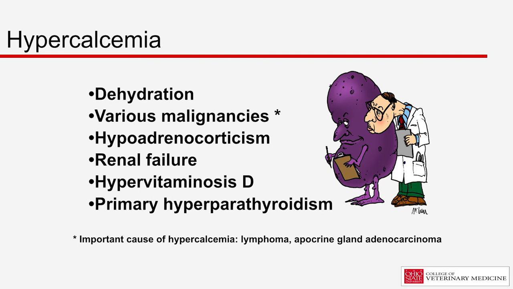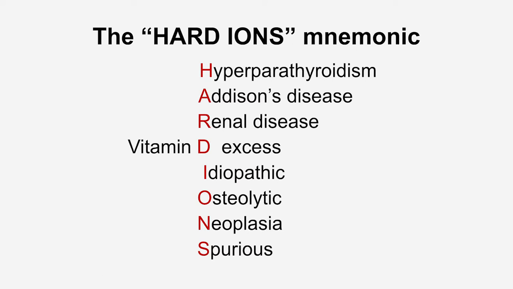So hypercalcemia, what are the causes of hypercalcemia? Well, these are the most common ones: dehydration, certain malignancies, big ones being lymphoma and apocrine gland adenocarcinoma of the anal sac, Addison's, some dogs with CKD, but not all, hypervitaminosis D, and primary hyperparathyroidism. My colleague, Dr. Chew, that I worked with for many years, came up with what he calls his hard ions mnemonic for remembering the causes of hypercalcemia, hard water having a lot of calcium.